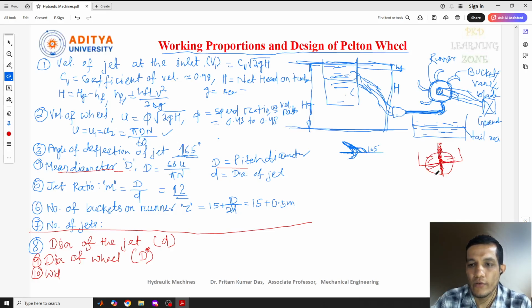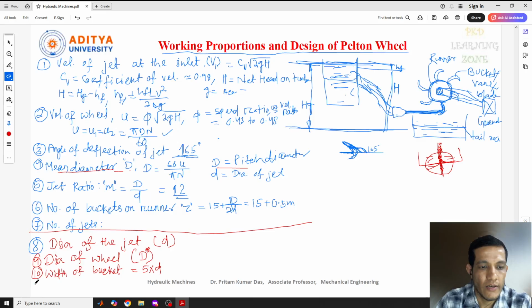So what should the width of the bucket be, or how to calculate it? Generally the width of the bucket is calculated as 5 times the diameter of the jet.